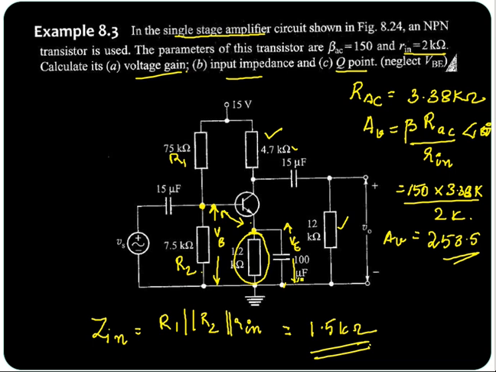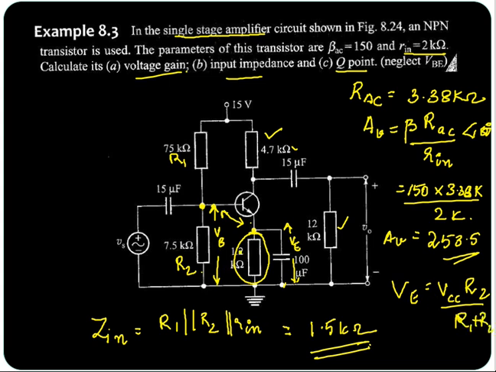So if VB equal to VE, you can say that VE is equal to VCC into R2 divided by R1 plus R2.